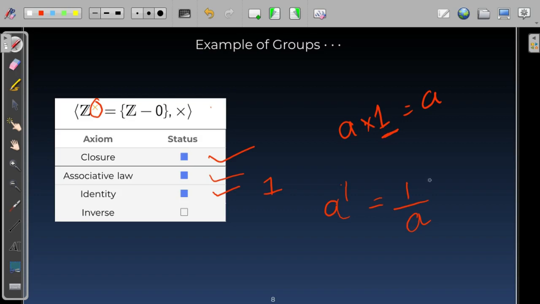So 1 upon A may or may not be an integer. That's the reason inverse is not going to be satisfied. So this particular set under multiplication is not a group.